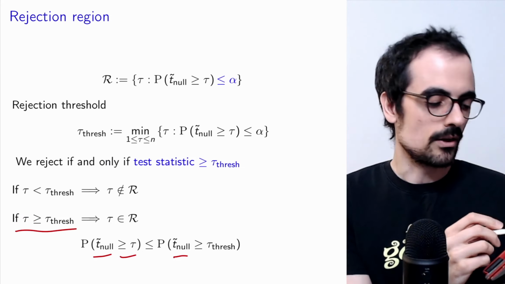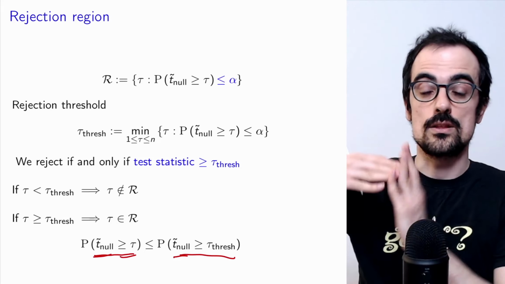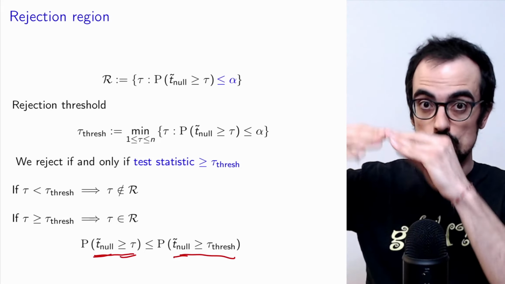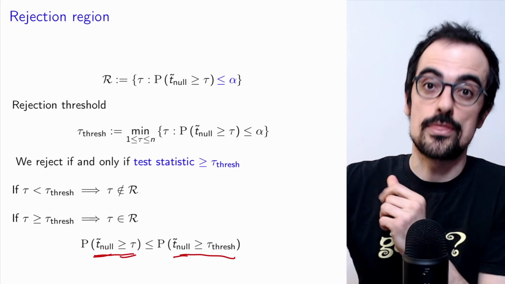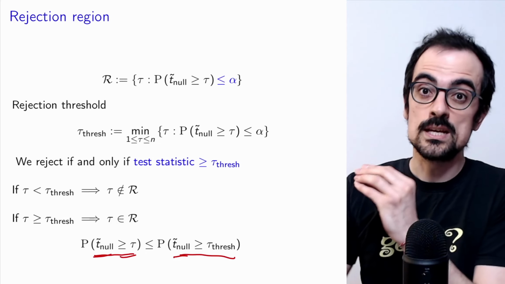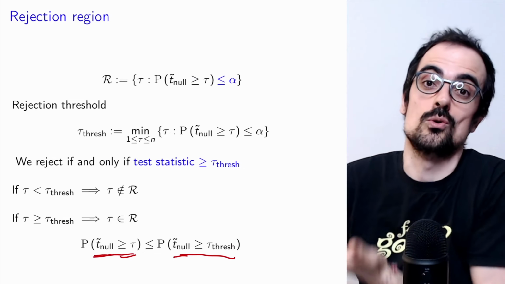So let me get this right. If this happens, then definitely this happens. So the probability of this event is greater than the probability of this event. I always get confused by this, but basically what we're saying is that if a certain threshold is the smallest test statistic at which we reject, the smallest number of threes at which we reject the null hypothesis, then if we see a greater number of threes, we're also going to reject.